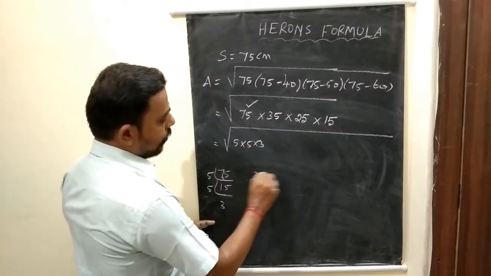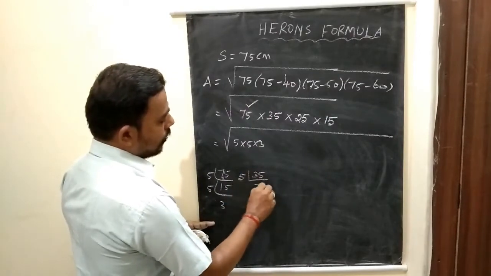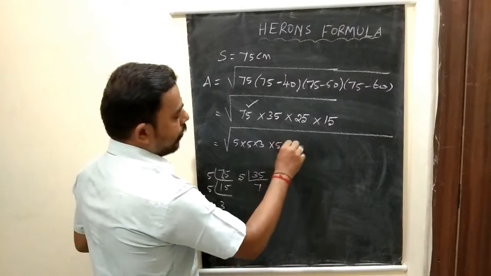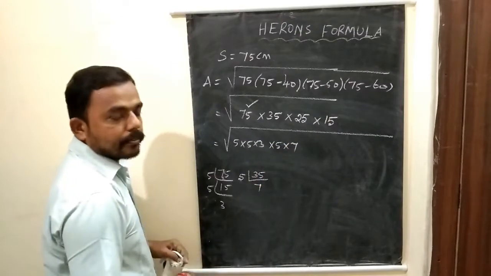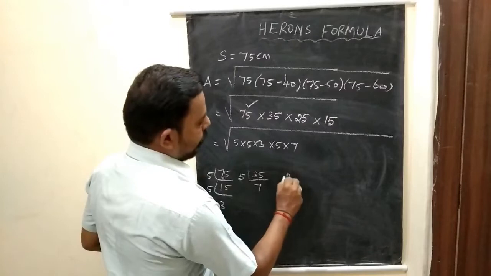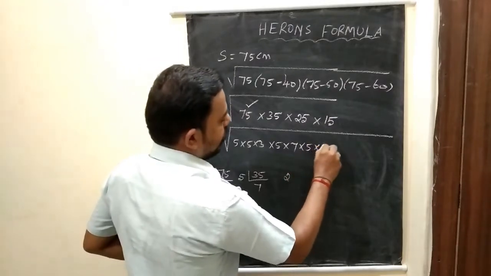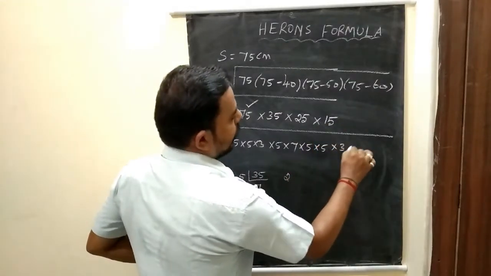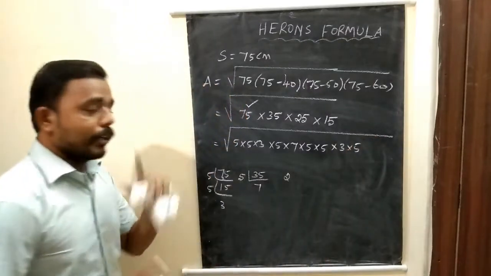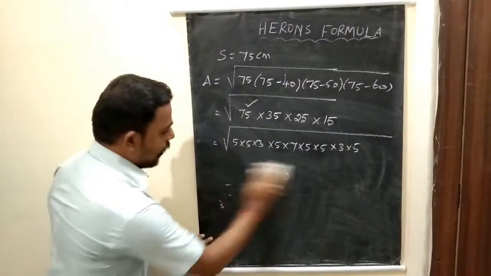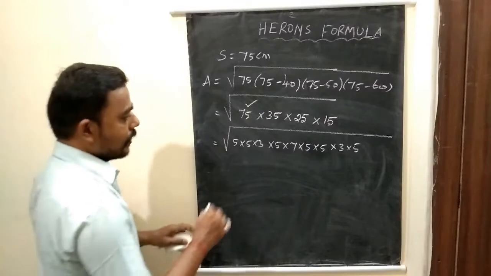Next for 35, 5 sevens are 35, so 5 into 7. Next for 25, already you know that 5 into 5. For 15, 3 into 5. Enough. Don't multiply anything.